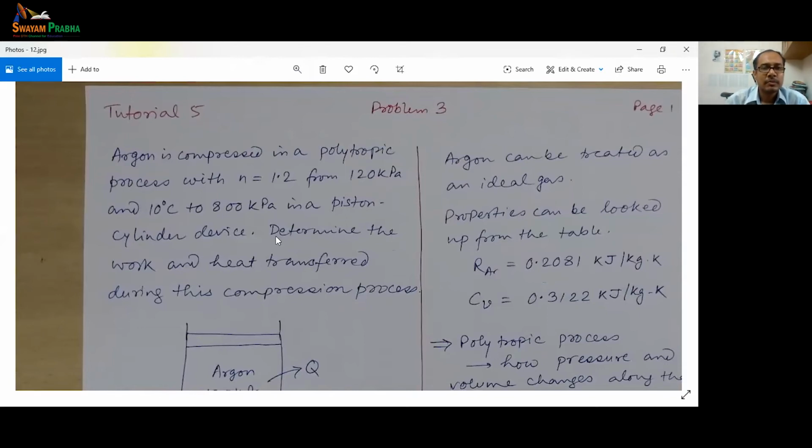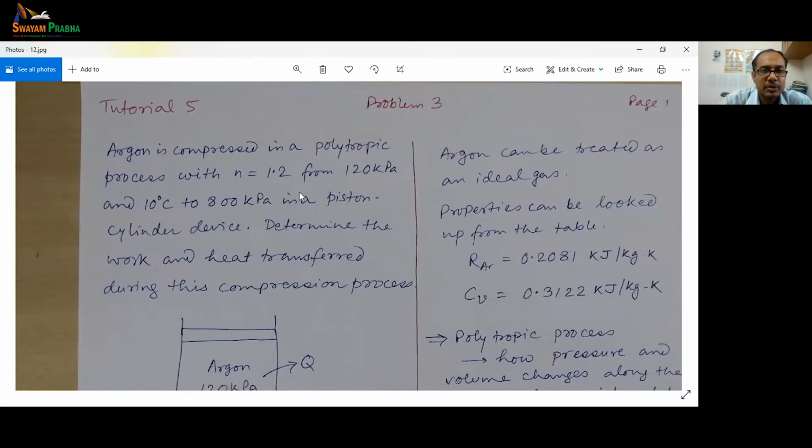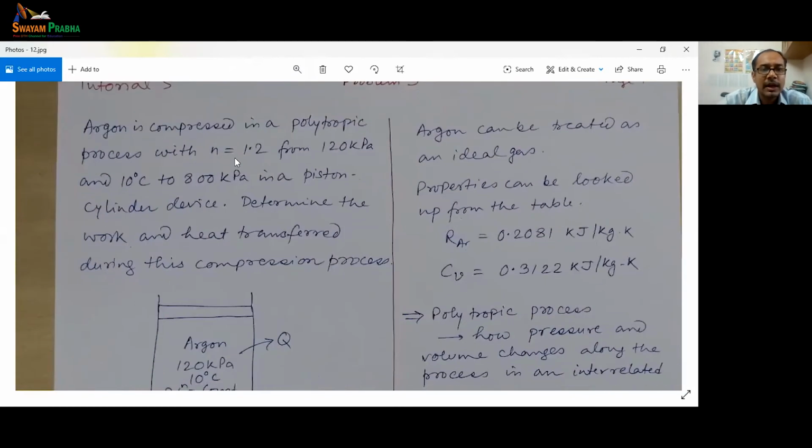So this is argon compressed in a polytropic process with n equal to 1.2. N is called the polytropic coefficient, and I am assuming that you have read through the chapter. The polytropic coefficient tells us about the process, how the pressure and volume are interrelated.